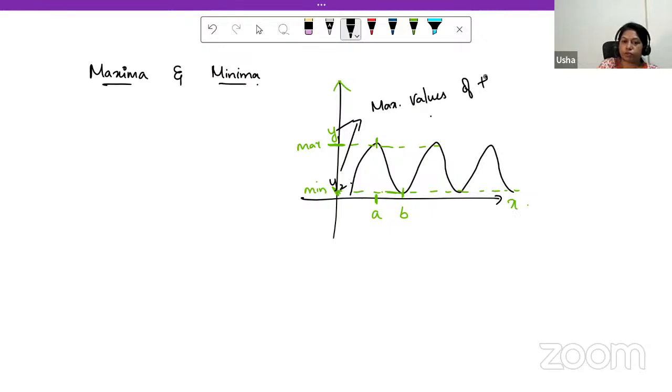And this A and B are called maxima and minima points.